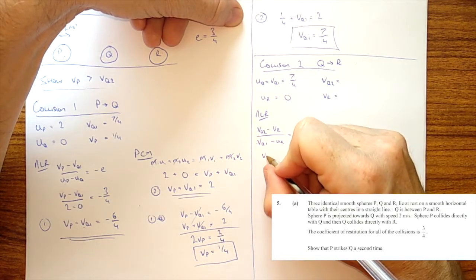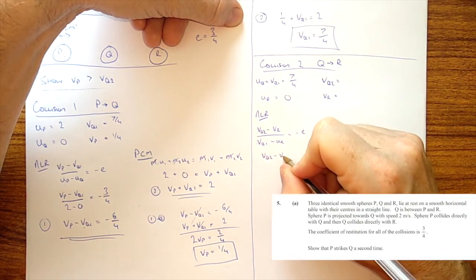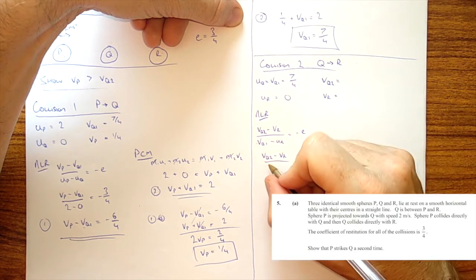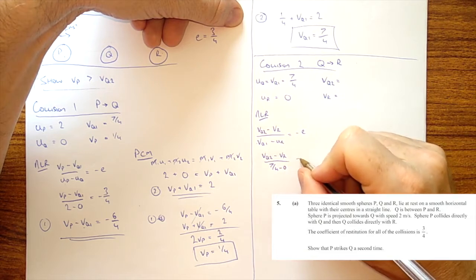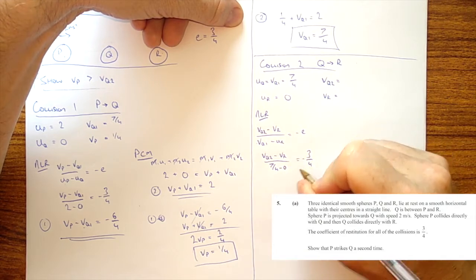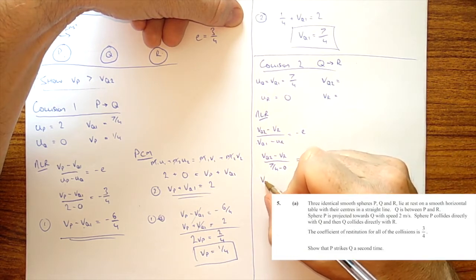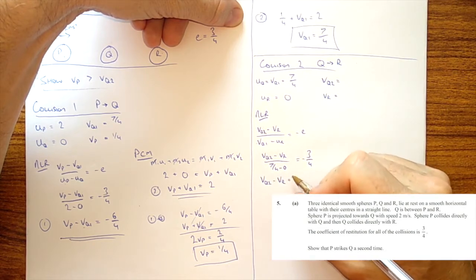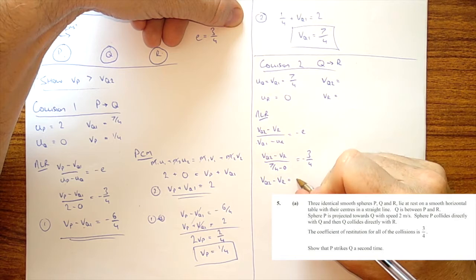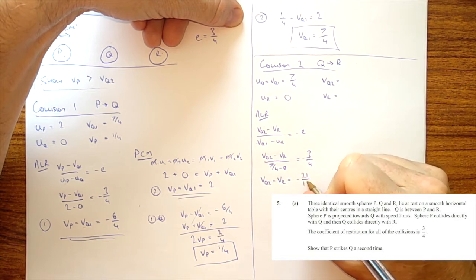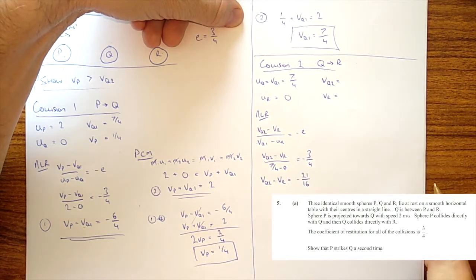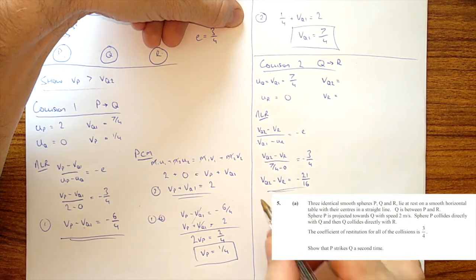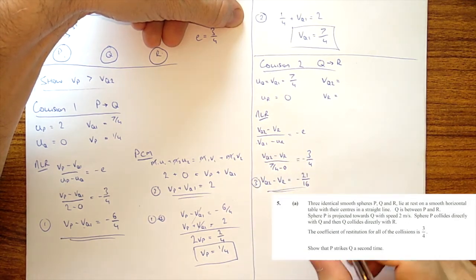So, VQ2 minus VOR all over 7 over 4 minus 0 equals minus 3 over 4. So VQ2 minus VOR equals minus 21 over 16. Call that equation 3.